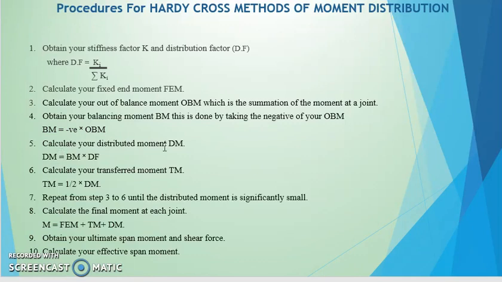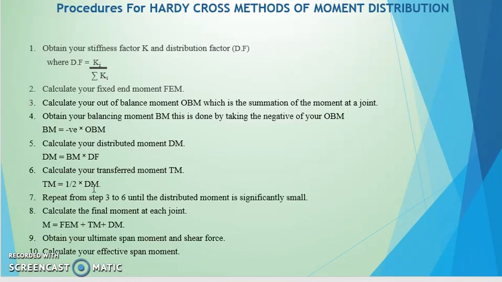Then calculate your distributed moment. Here I wrote mathematically DM is equal to BM times DF, where DM is the distributed moment, BM is balancing moment, while DF is the distribution factor. Then calculate your transferred moment TM.